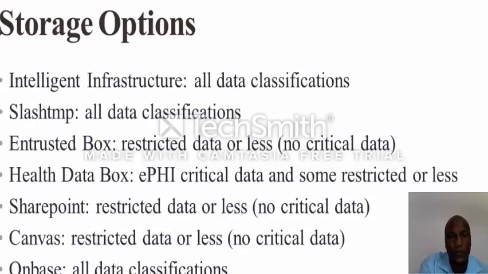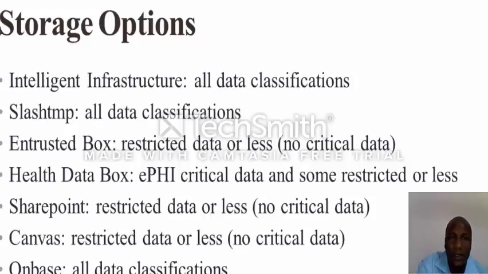Storage options. These are some options for your storage. You can store your data in one of these storage media, like intelligent infrastructure that can be used for all data classifications. The system also can be used for all data classifications.